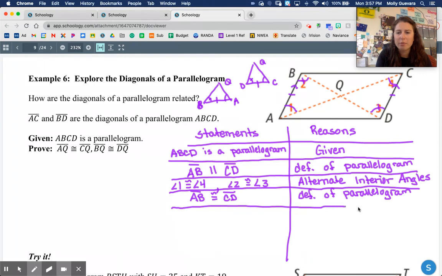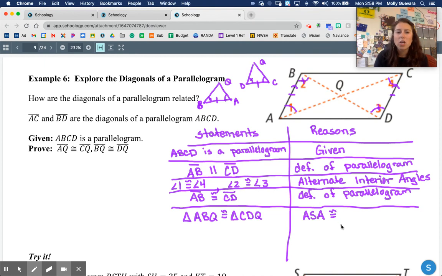When we think back to what we've done before, I have angle, side, angle on both of these. So I can say that triangle ABQ is congruent to triangle CDQ by angle, side, angle congruency.